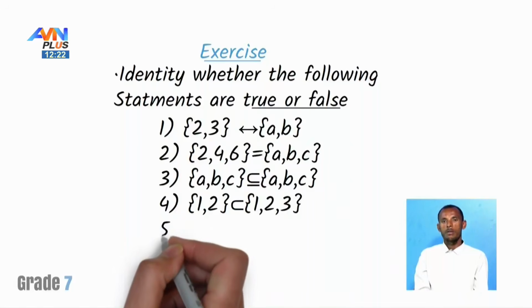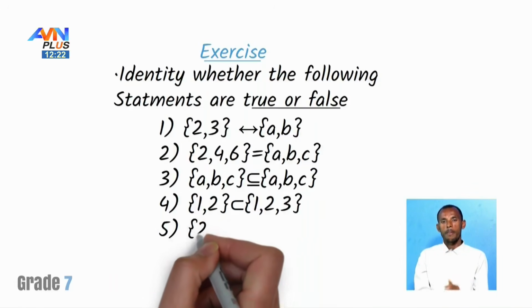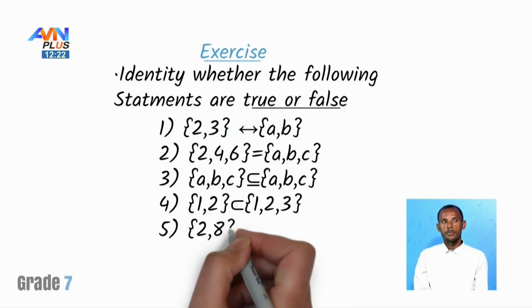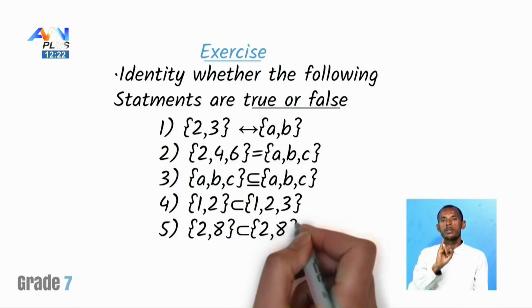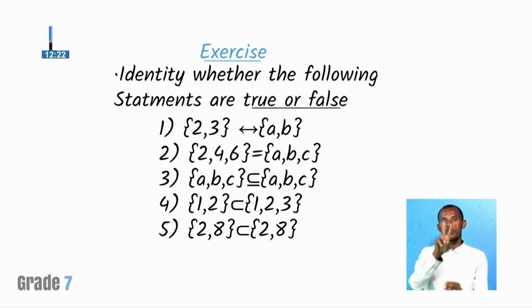Again, the last, fifth question: 2, 8 is a proper subset of 2, 8.